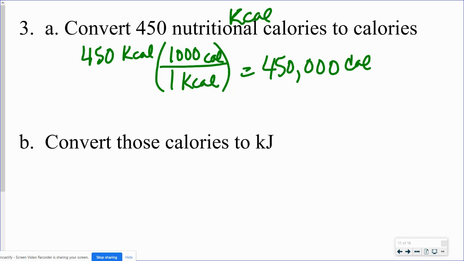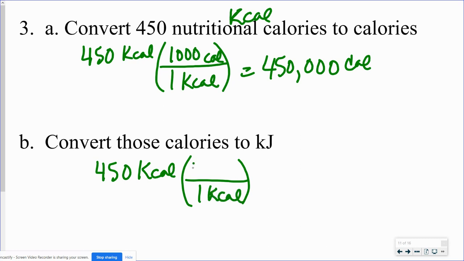If we were going to convert that to kilojoules, then 450 kilocalories or nutritional calories to kilojoules, it's still 1 kilocalorie is 4.184 kilojoules. And in that case, it would be 450 times 4.184, and that would be 1,883 kilojoules.